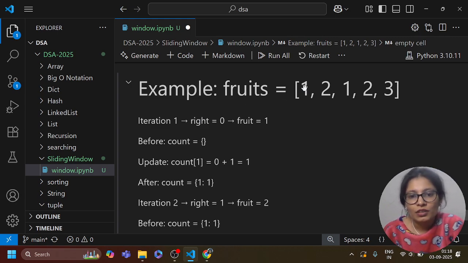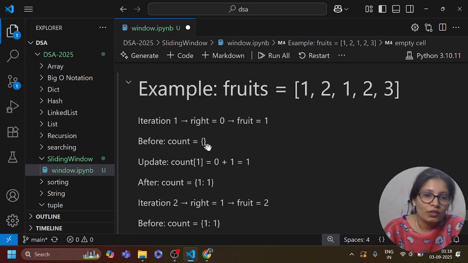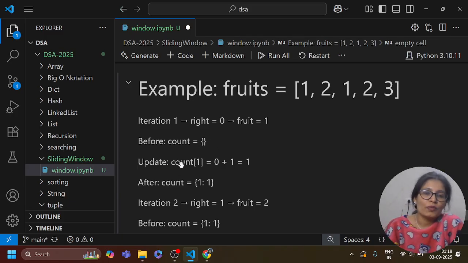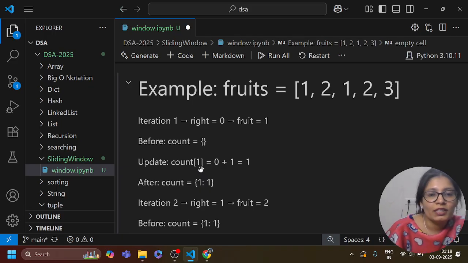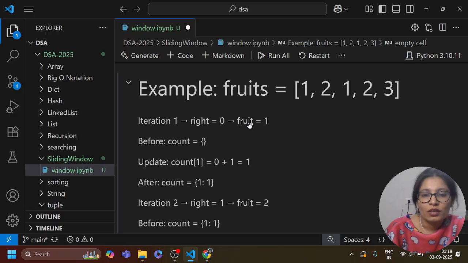Before, the count is empty, so we update the count. Since right equals 0 and fruit equals 1, we do 0 plus 1 for the fruit 1.